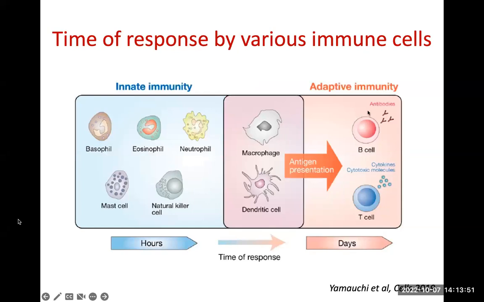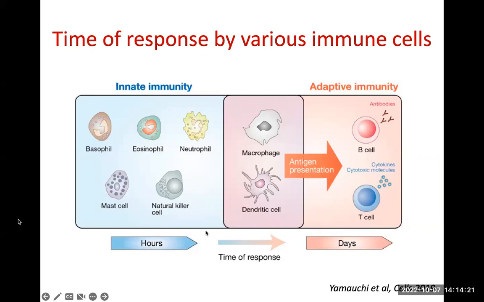While adaptive immune cells, like B cells and T cells, require some activation and some education so that they can produce an immune response which is tailor-made to fight the invader. So in between, you have macrophages and dendritic cells, which are components of the innate arm of the immune system. Those are the ones that act as a bridge between the innate immune system and the adaptive immune system.